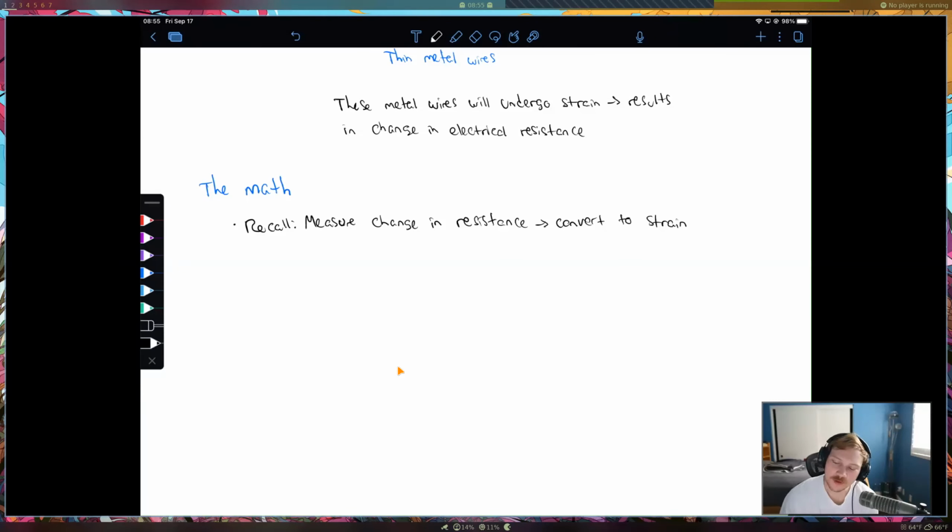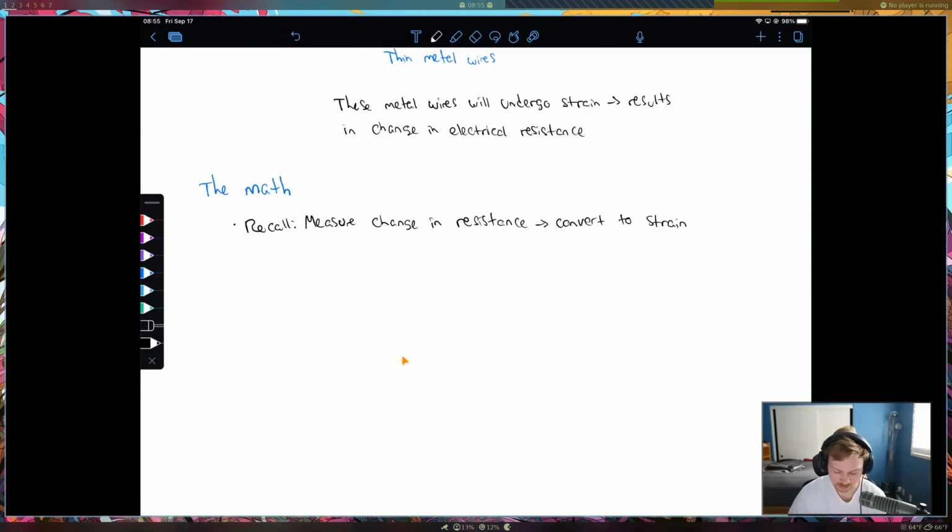Okay, so remember, we're going to measure the change in resistance of our electrical wires. And there's a change in resistance in those wires because there's a strain that's applied to it. And from that change in electrical resistance, we're going to be able to convert that directly to strain.